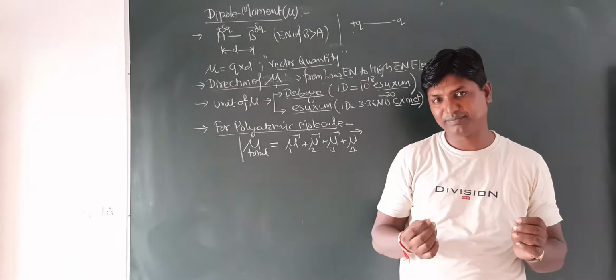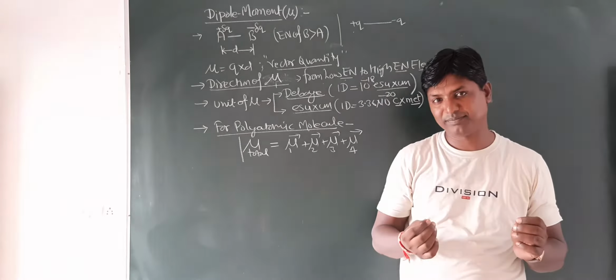Okay, dear students, so this was about the molecule having two atoms, the diatomic molecule. Suppose you have to find the dipole moment of a polyatomic molecule, so in that case how will you find the dipole moment?